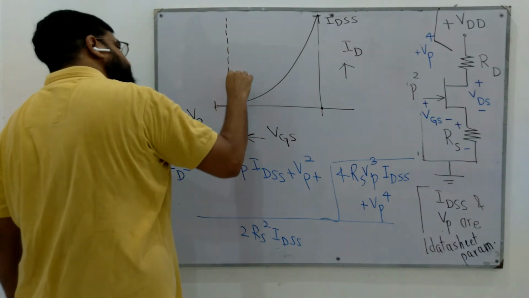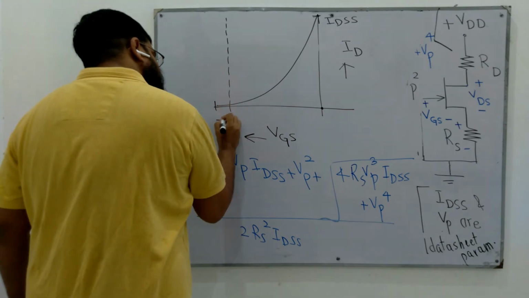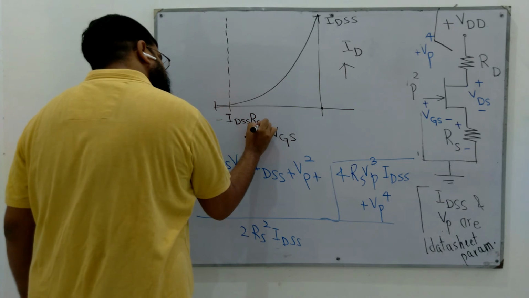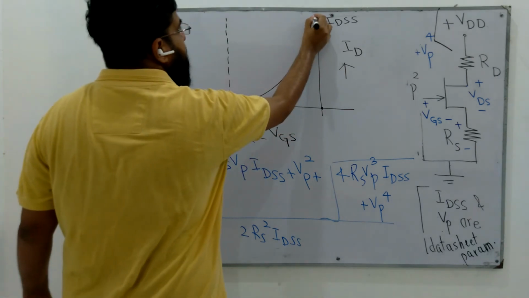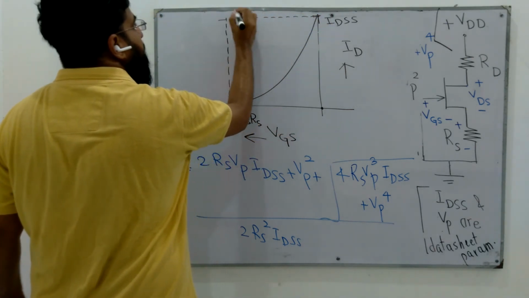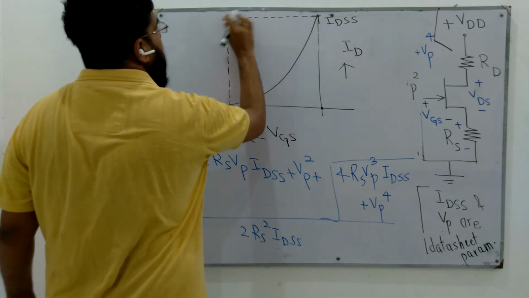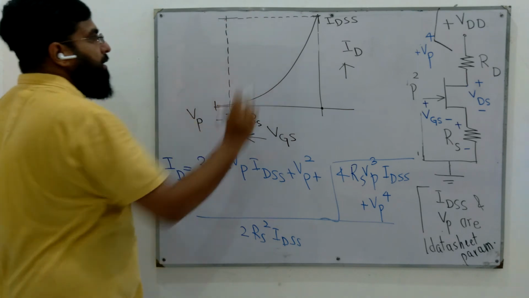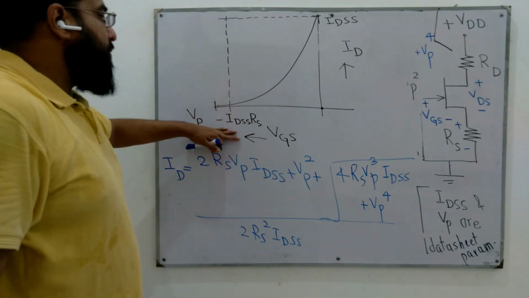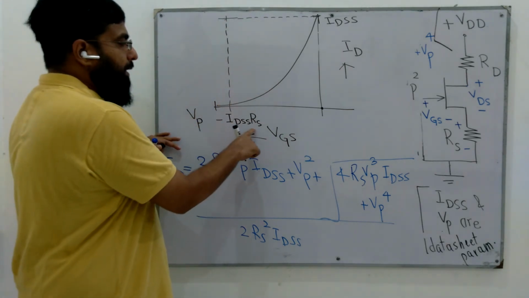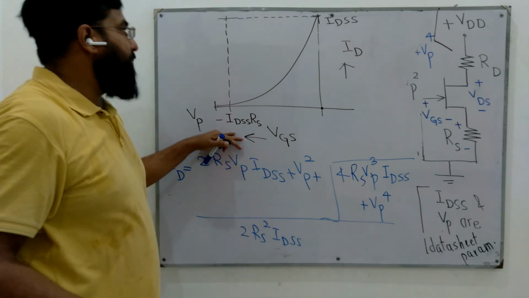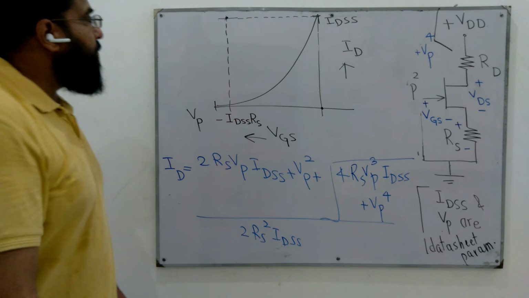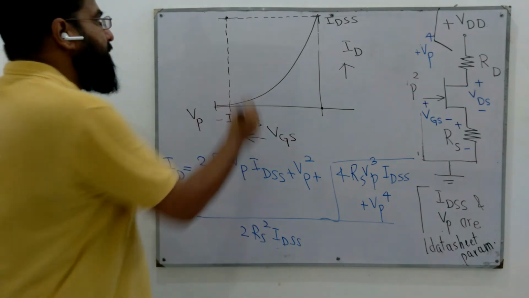So maybe this point is minus IDSS times RS. This is the point when we have IDSS current flowing. When we have IDSS current flowing, the voltage drop VGS is minus IDSS RS. We derive it from the input loop equation. So we have one other point here, and now on this curve we have 2 points.